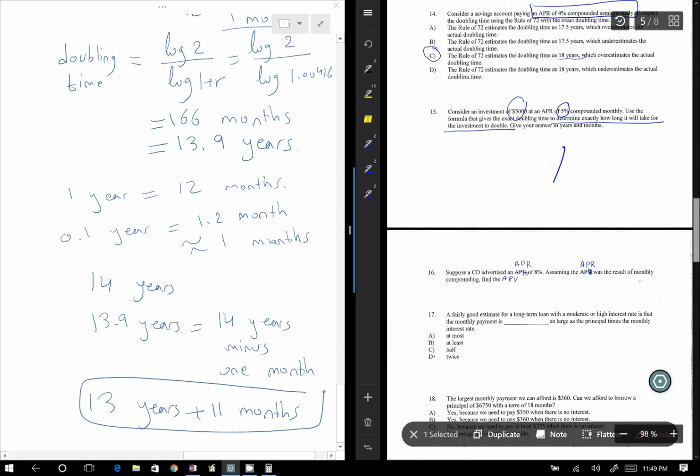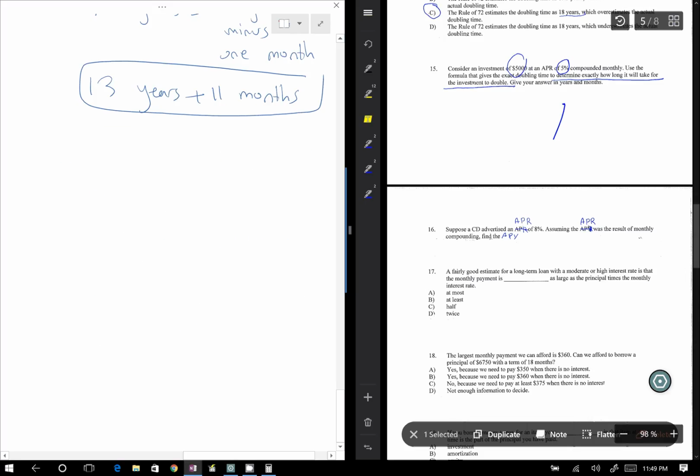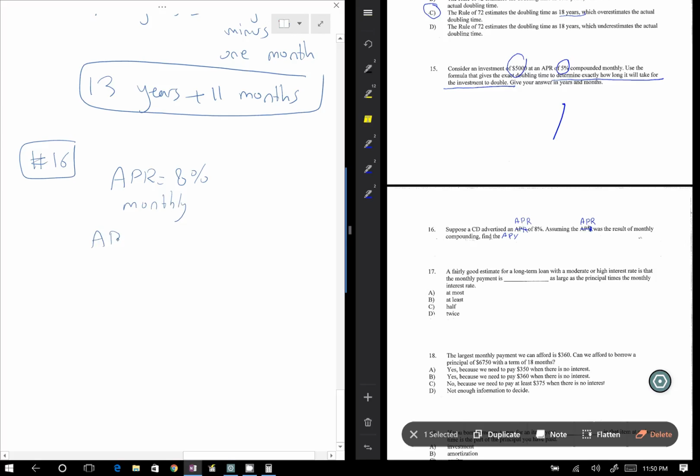Moving on. Okay, 16. We have a CD advertised at an APR of 8%, compounded monthly. What's the APY?